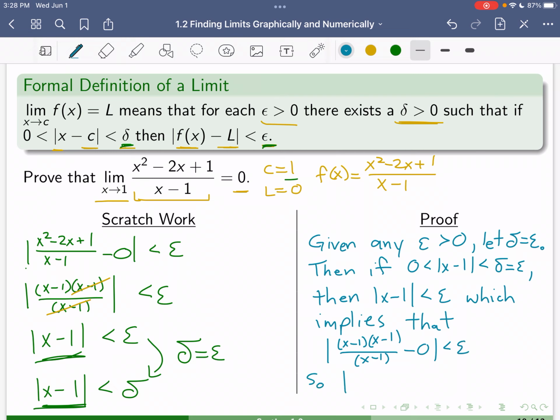So the absolute value of x squared minus 2x plus 1 over x minus 1, minus 0, is less than epsilon.